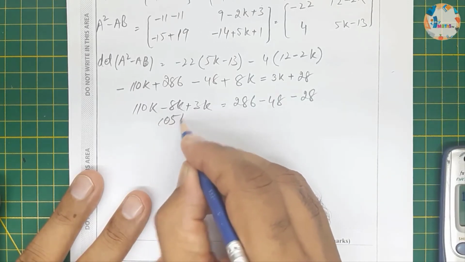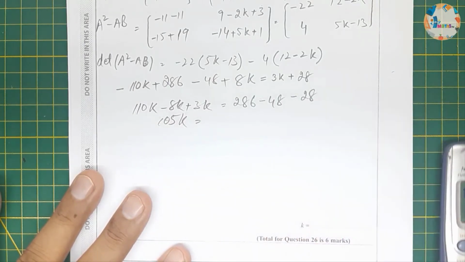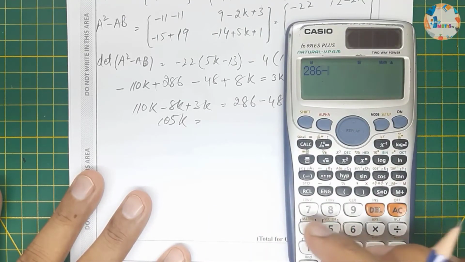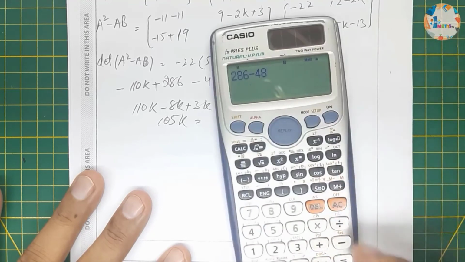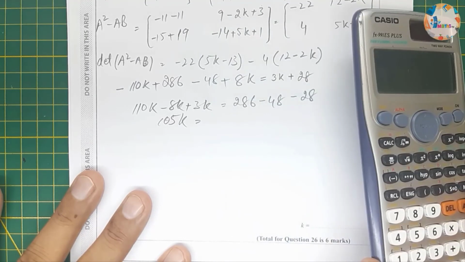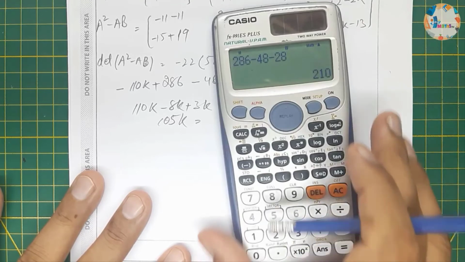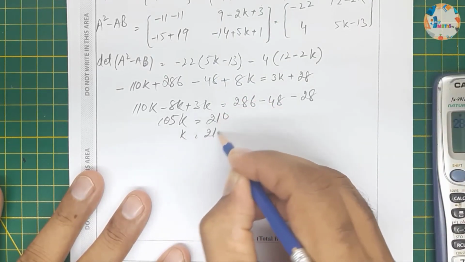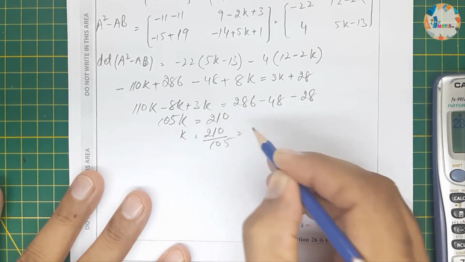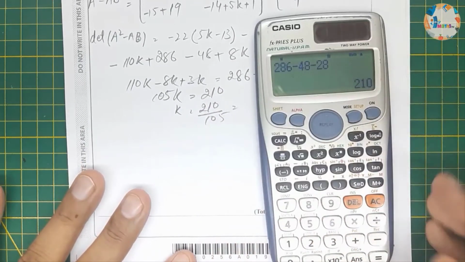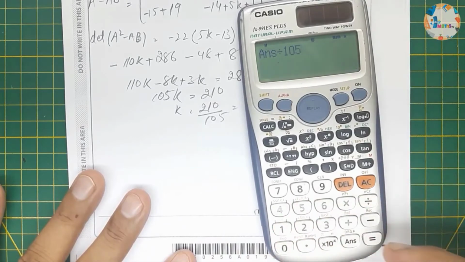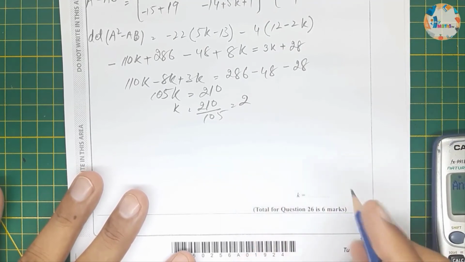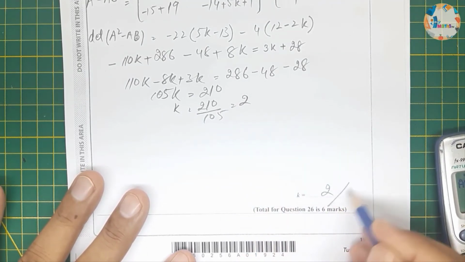So 105k is equal to 286 minus 48 minus 28, which will give us 210. So k will be equal to 210 divided by 105, which is basically 2. So k value is equal to 2. This is our final answer.